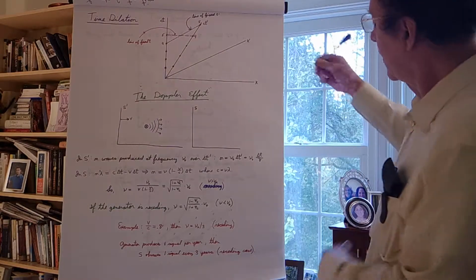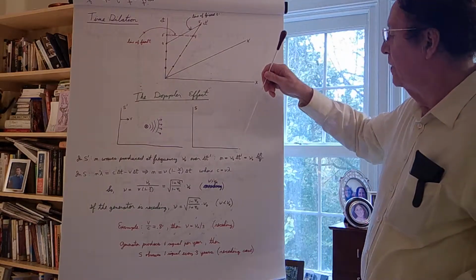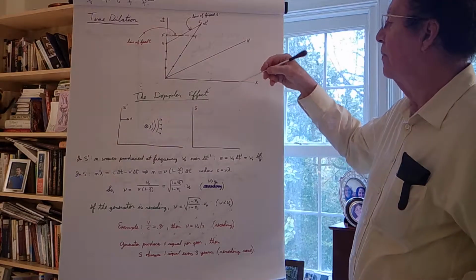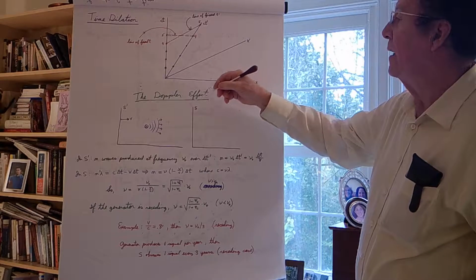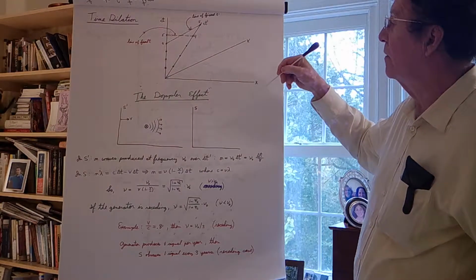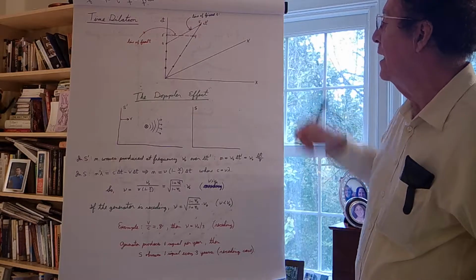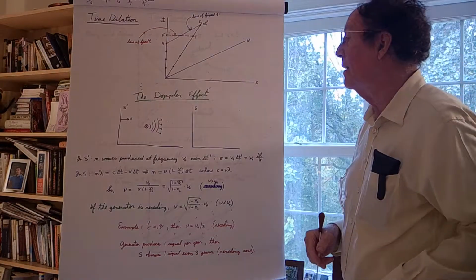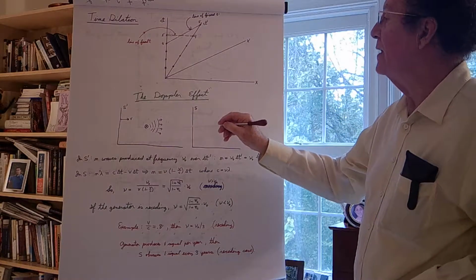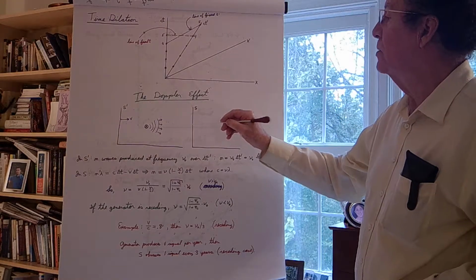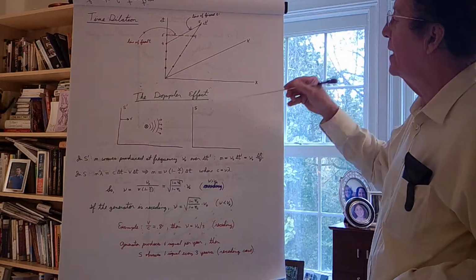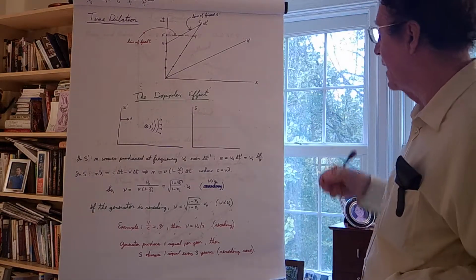But over here I also observe that I can relate the time interval of the pulse in S prime, call it delta t prime, and the time interval of the pulse in S, delta t, and they're simply related by time dilation. The pulse generator is at rest in S prime, so delta t prime is the proper time over which it operates, and S sees that time dilated.